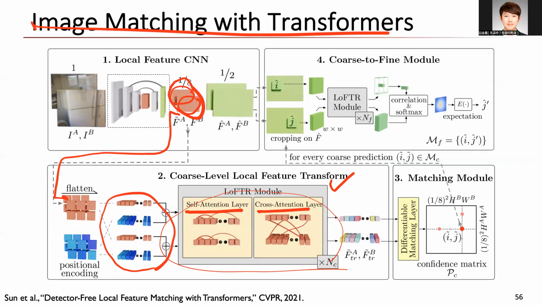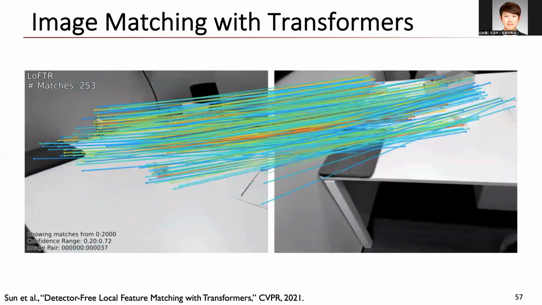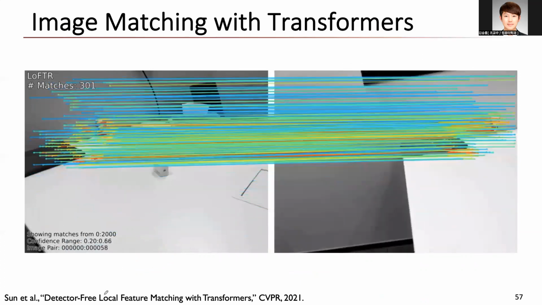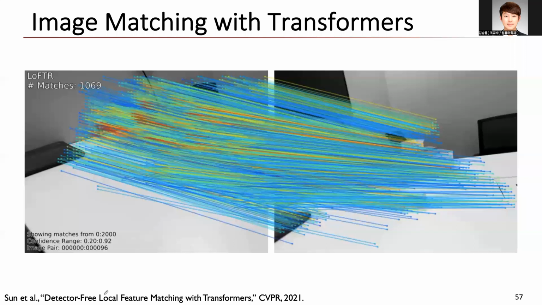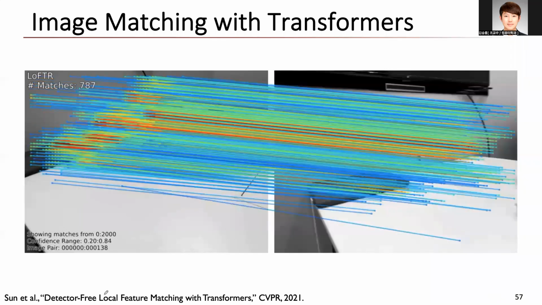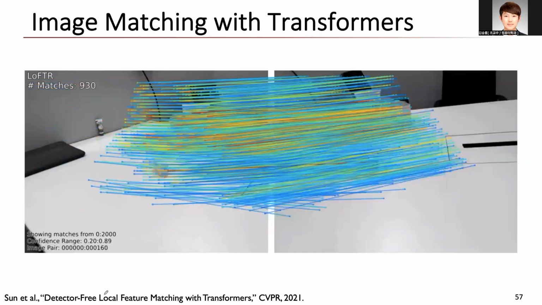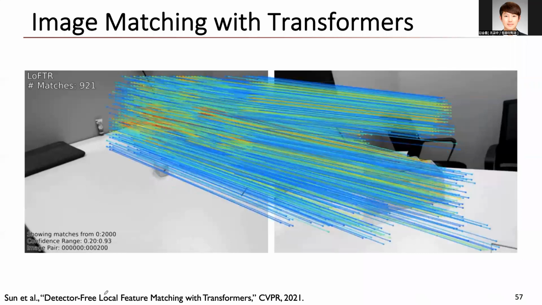This is the LoFTR paper. This is called the LoFTR. And this is a lizard. As you can see here, there are so many homogeneous regions and textureless regions, but LoFTR finds good inliers. So it looks like this.